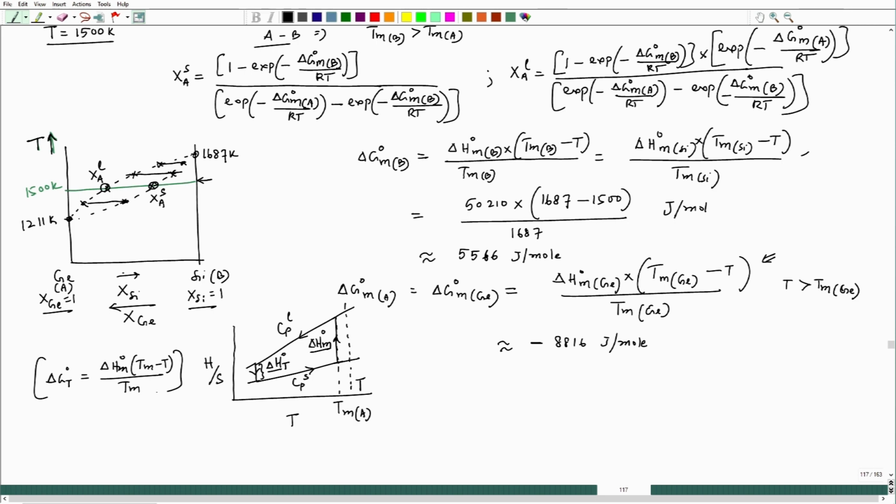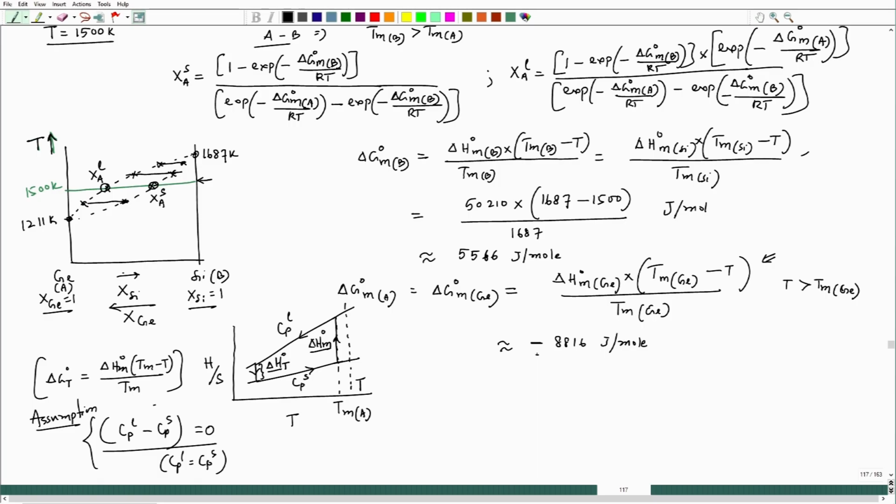So that way we arrived at this particular formula, and there the basic assumption was CPL minus CPS equal to 0, or we can say CPL equal to CPS. So this was the assumption. The difference in Cp values of solid and liquid is 0. So that is why the minus comes. Had it been below melting point, you would have come positive.